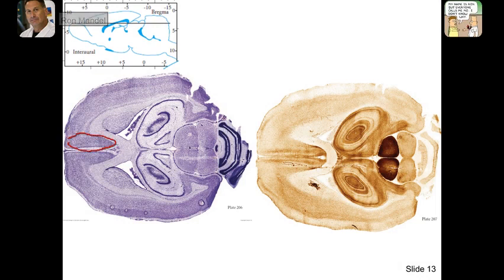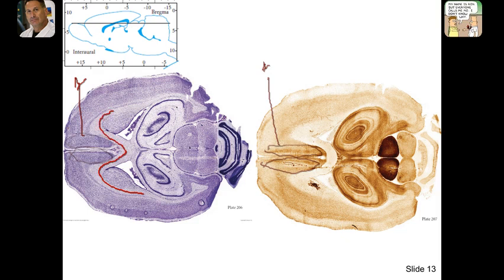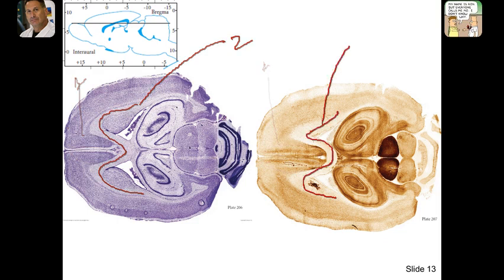All right, we have the cingulate cortex, we have the corpus callosum, we have the caudate nucleus or the striatum.